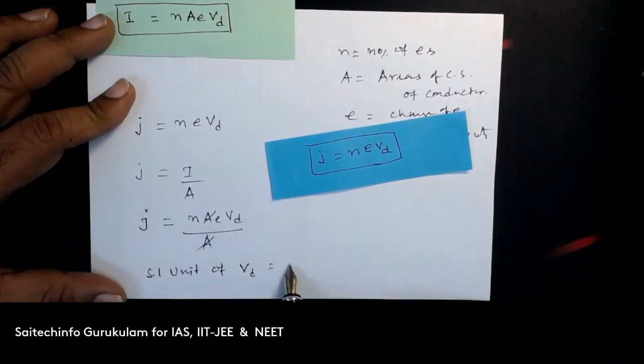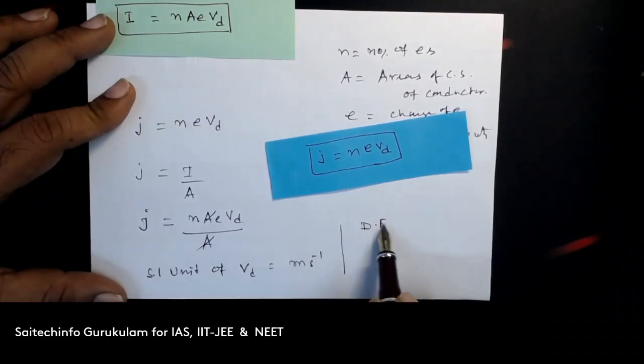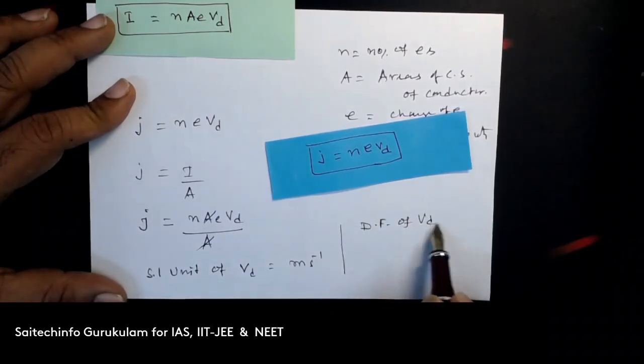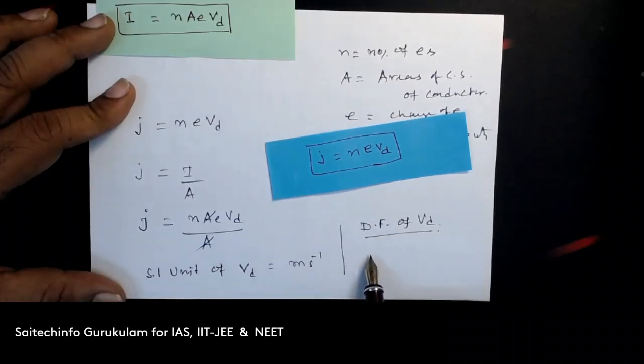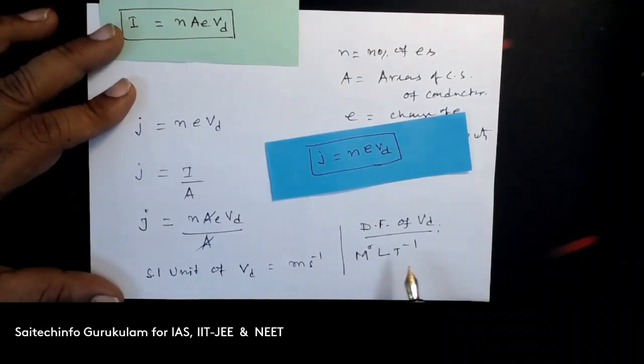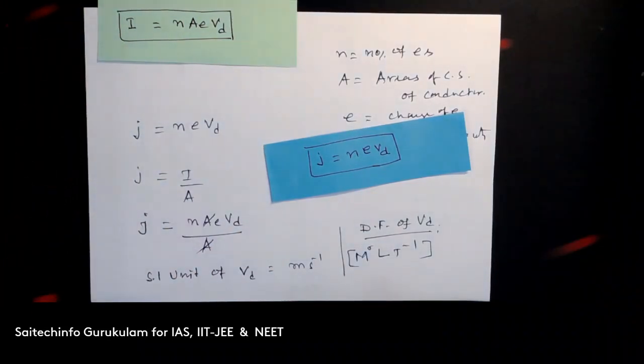It is meter per second. And what is the dimension formula of drift velocity? Meter means L, and there is no mass involved, so M to the power 0, and second means time, T to the power minus 1. Got it? So this is the dimension formula. Are you able to follow? Okay.